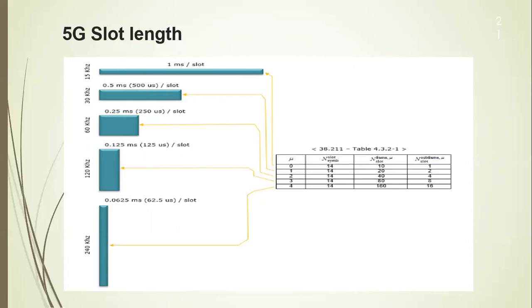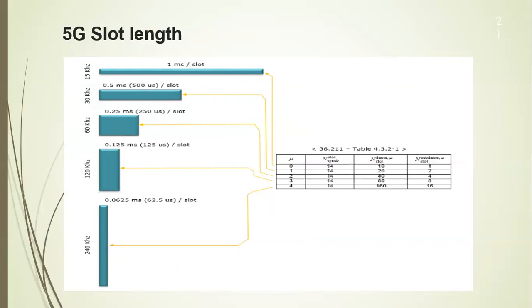If you decrease the subcarrier spacing beyond certain limit, then it becomes more intolerable for fading and interference. So we need to strike a balance. We cannot have very low subcarrier spacings, and at the same time we cannot have very high subcarrier spacings.